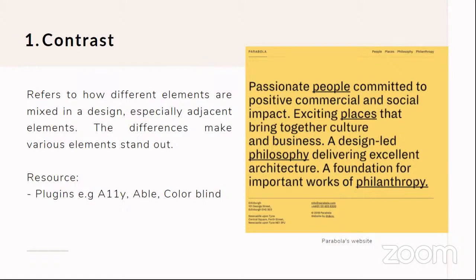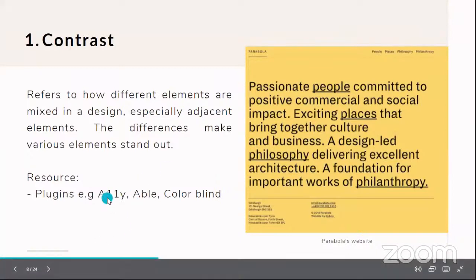I don't use Adobe, so I can't speak to that. But if you're using Figma, it's very easy. We have plugins. There are three very popular ones: A11Y, Able, and Colorblind. Basically, you select your frame, you open the plugin, and then you run it. It will show you the places where your design needs more contrast or less contrast.